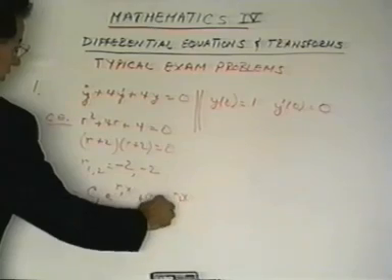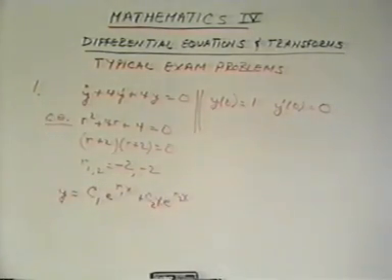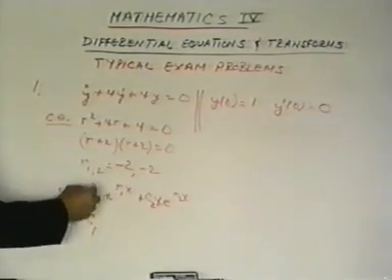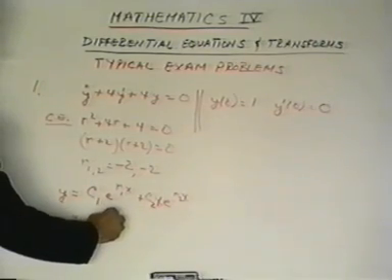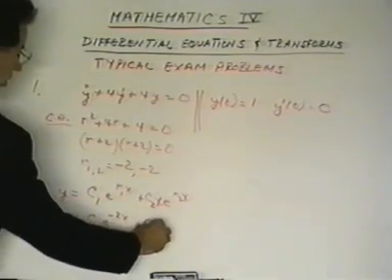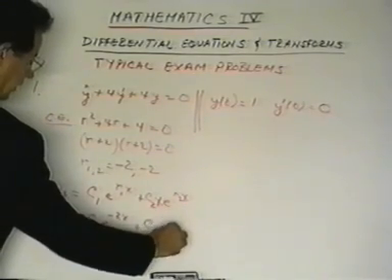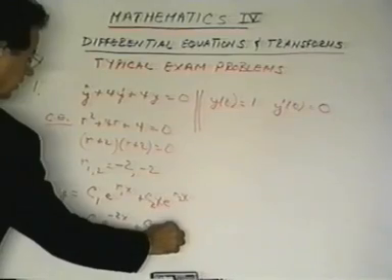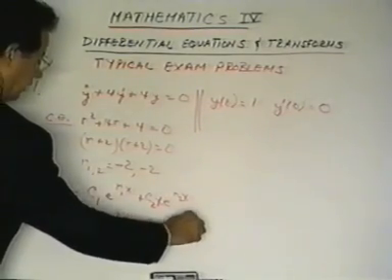This is c2 x e to the power r2 x. Now we know that r1 is equal to minus 2, so we have c1 e to the minus 2x plus c2 x e to the minus 2x.